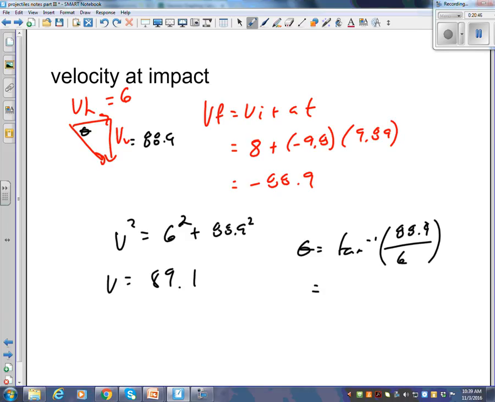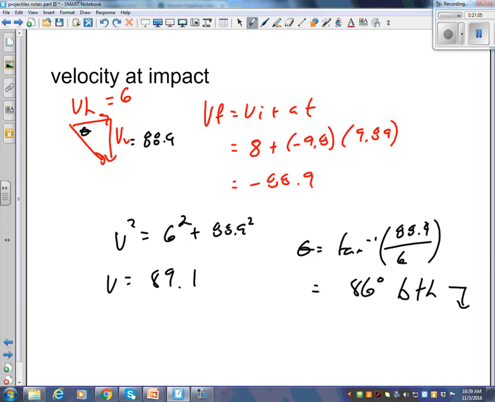I get 86 degrees. And how do we describe that? Below the horizon, BTH. Or the Mitchell-Product way: horizontal and then down.